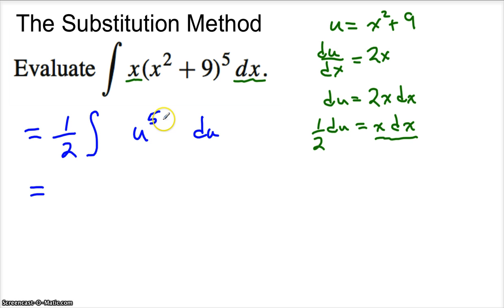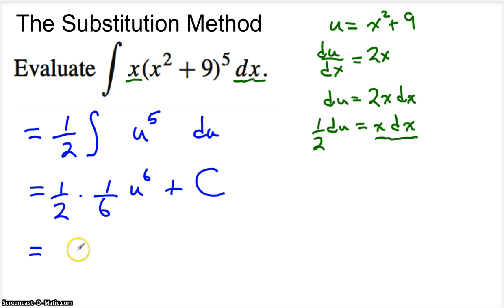We use the power rule here. We add 1 to the exponent, we get 6. And then we divide by 6. So we go with 1/6 of u to the exponent 6 plus c. Don't forget our constant, which we need to put with indefinite integrals.